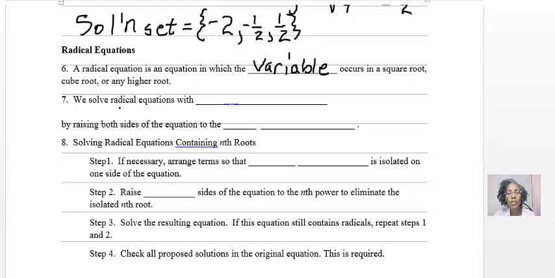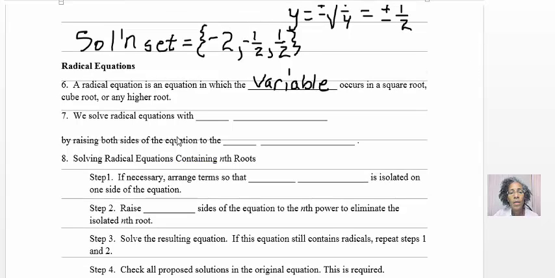We solve radical equations with nth roots by raising both sides of the equation to the nth power.